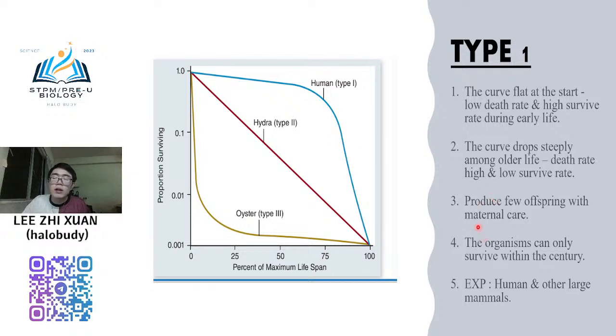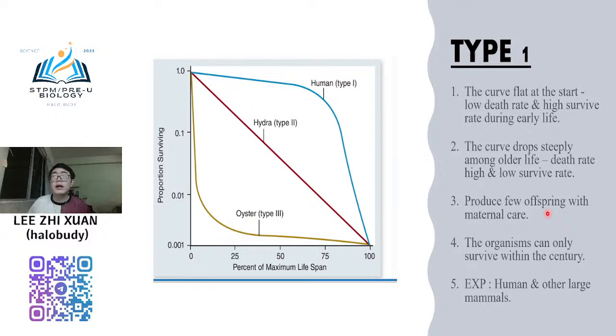And then one of the characteristics of type 1 is that it produces very few offspring and has maternal care. Normally in humans, in most cases we only produce one offspring, right?